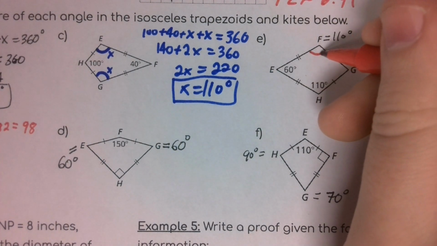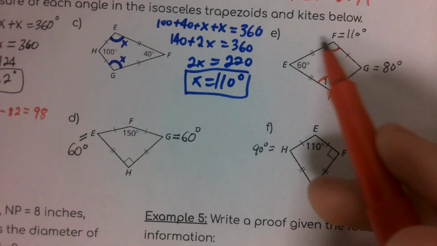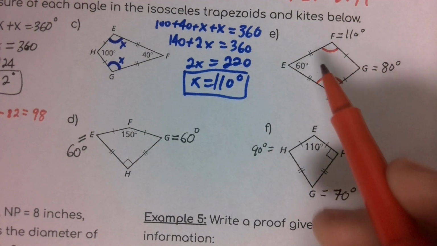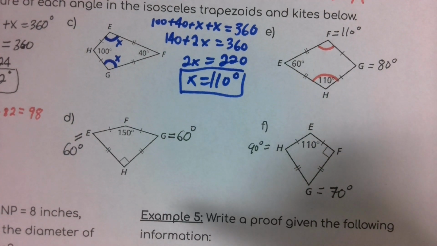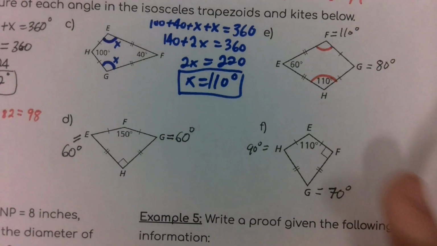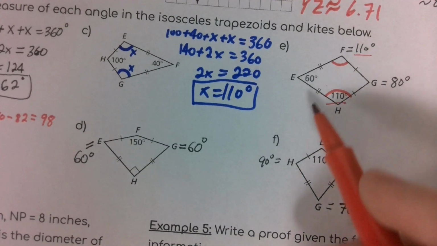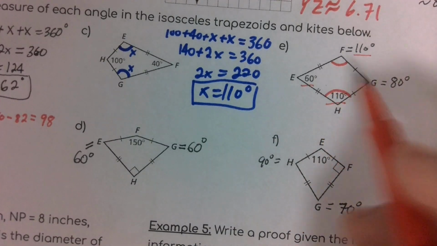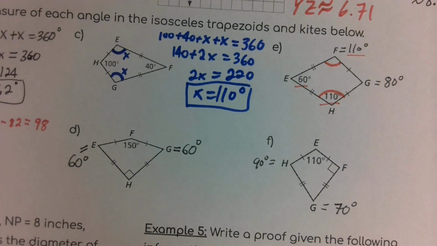It means that F and H here are congruent. These two wouldn't be x's. These two would be. You wouldn't set up the equation in the same way. If you did want to set up an equation for this, what you really would be saying is 110 plus 110 plus 60 equals 360, and then find out the remaining angle is 80.